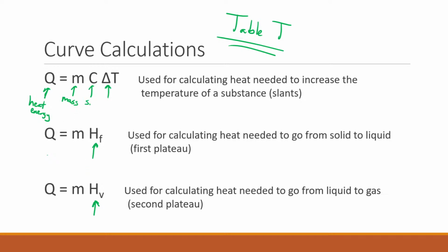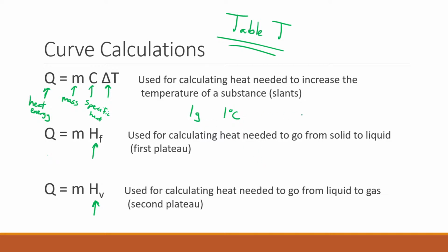C is something called specific heat, which is a measure of how much energy you need to increase 1 gram by 1 degree Celsius.